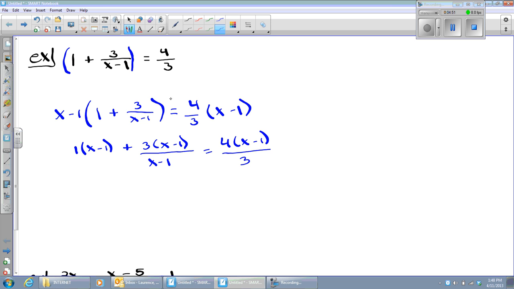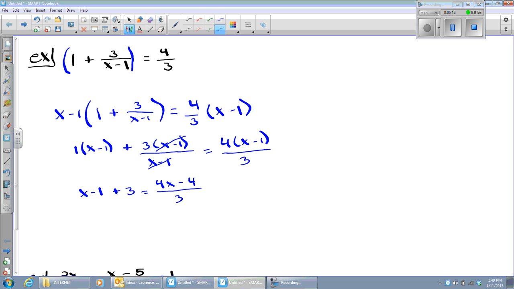Okay, I can see right now that this x minus 1 and this x minus 1 will cancel. So we're left with x minus 1 plus 3 is equal to 4x minus 4 over 3.